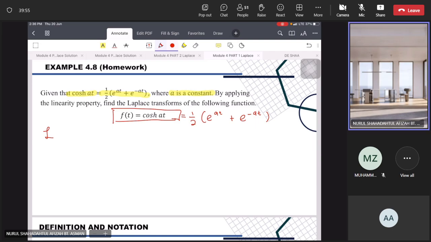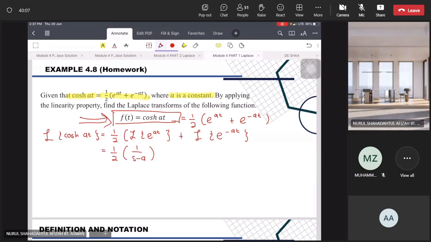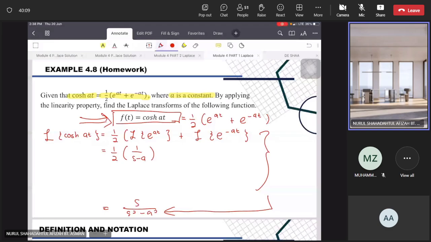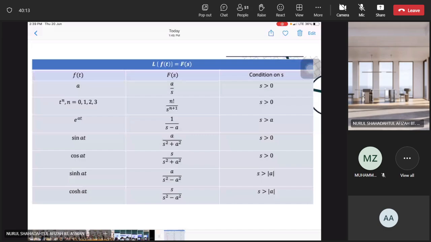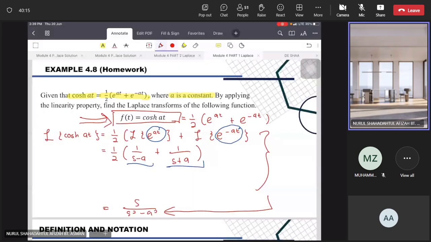You just substitute the value by referring to the table. And you will get 1 over 2 times 1 over s plus a plus 1 over s minus a.